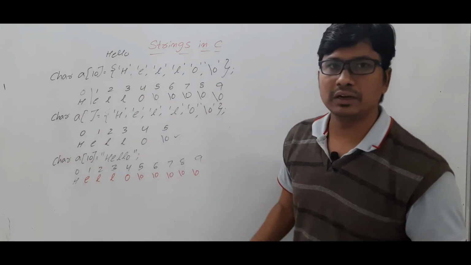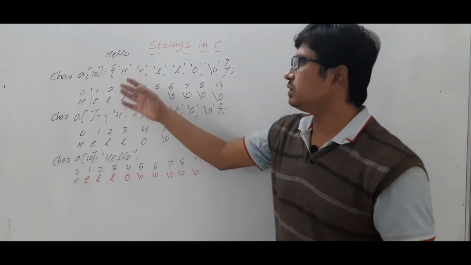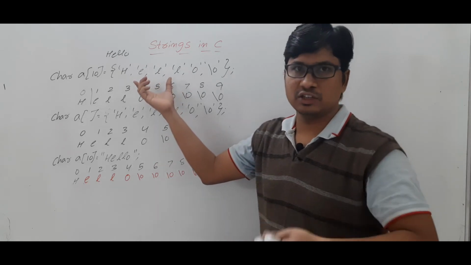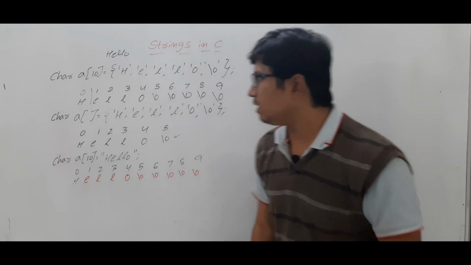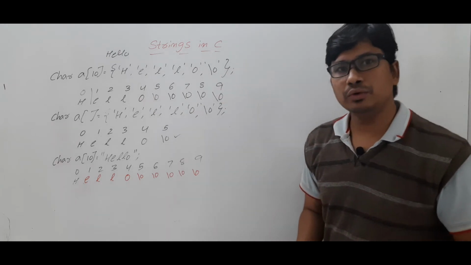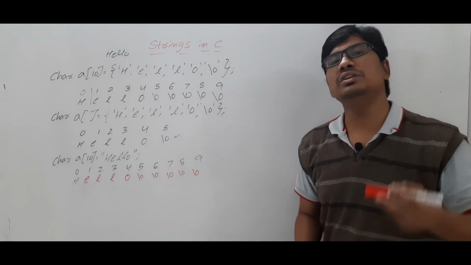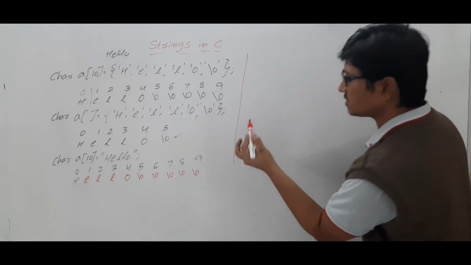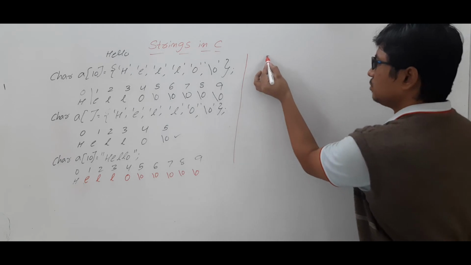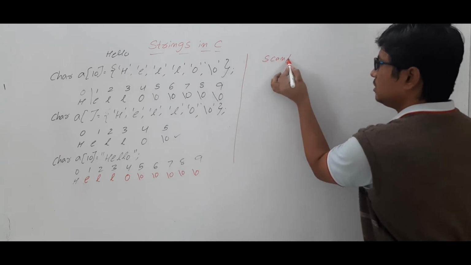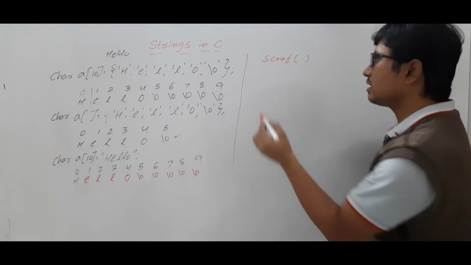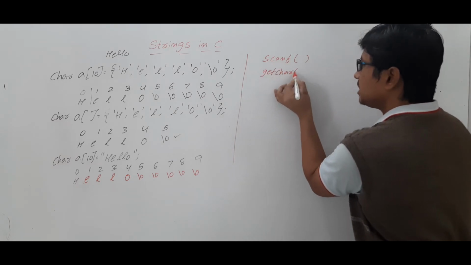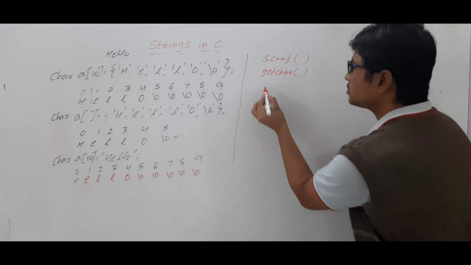I hope you have understood what is a string, how to initialize the string with some collection of characters. Okay, now let me discuss how to read a string and how to display the string. Now we have several functions to read, such as we can use the scanf function, we can use the getChar function, and similarly we can use the getS.